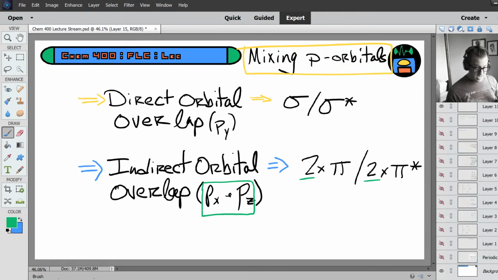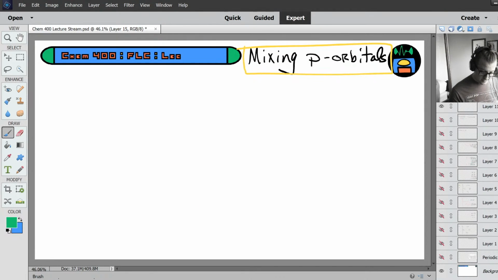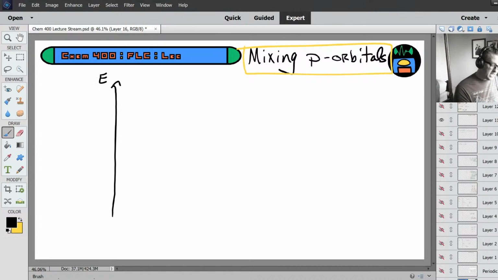All right, now we need to talk about orbital energies. How do these rank? How do you show this in a molecular orbital diagram? Now in a molecular orbital diagram, all of the p orbitals, px, py, and pz, are all equal in energy.